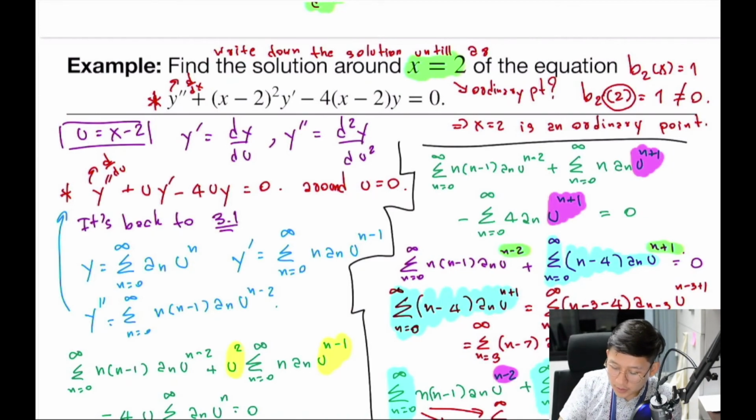So when x is a, which is not 0, these two lines are extra steps. The rest is the same as in the previous section. So guys, in this video we looked at the solutions when we want to find the solution around an ordinary point which is not 0. The trick is that we substitute x minus a with u. We try to write down the equation in terms of u.